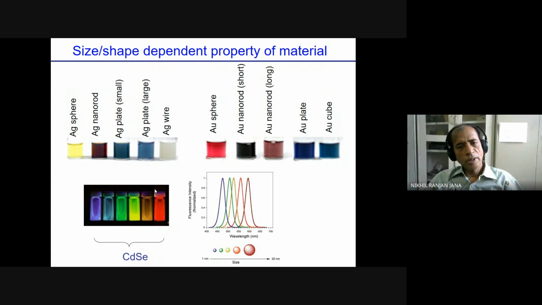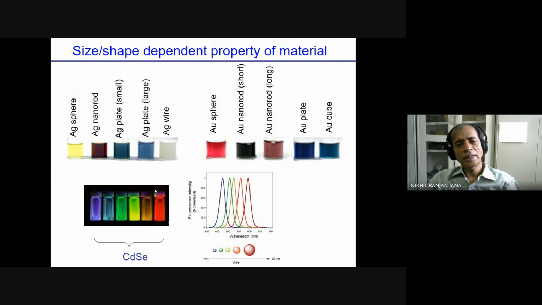One important aspect in nanoscience is that materials have size-dependent properties. Here I have shown three materials: silver, gold, and cadmium selenide. You can see they have different colors. For example, silver, you can see a wide range of colors just by changing their size and shape.